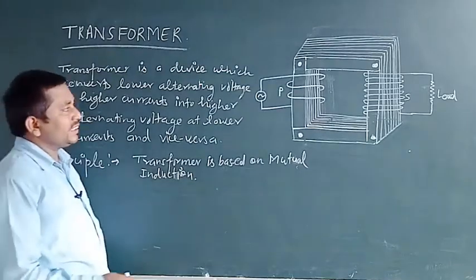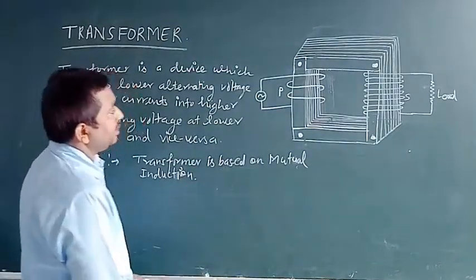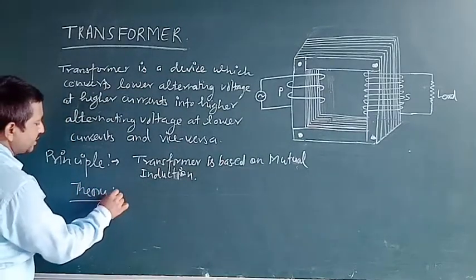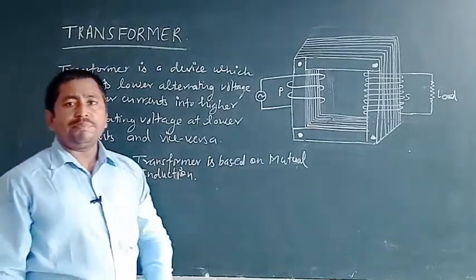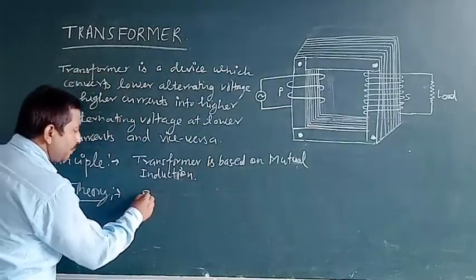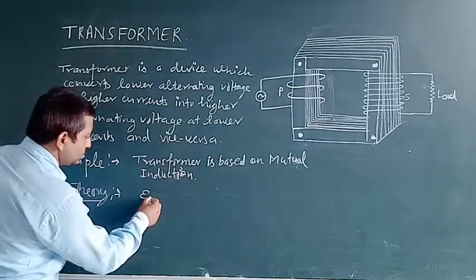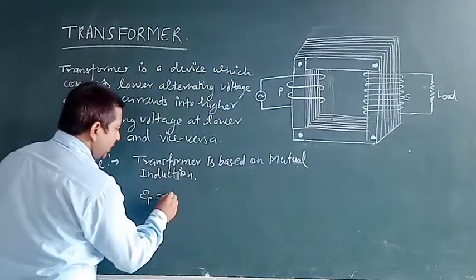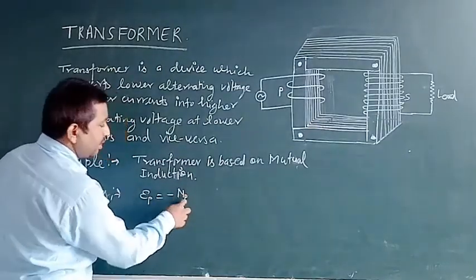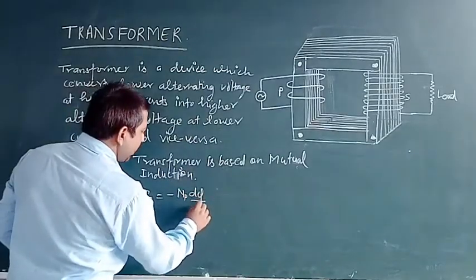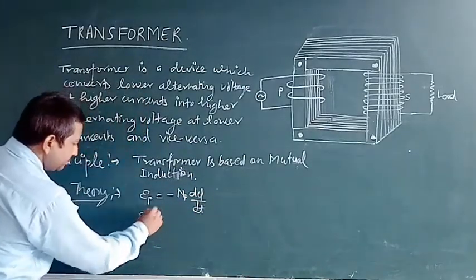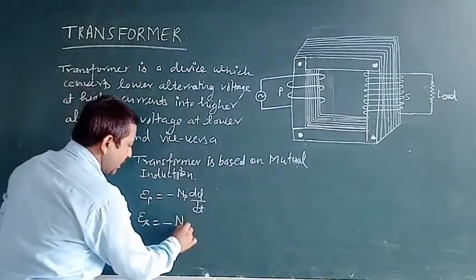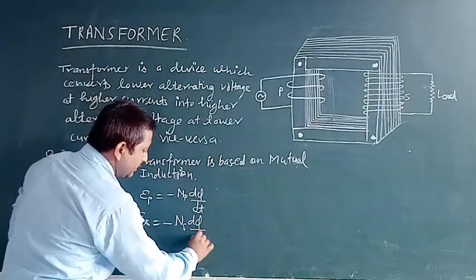Now if we discuss the theory on which this transformer works, so what is the theory? The theory of the transformer is the inputted power is always equal to the outputted power. It means what will be the value of the input EMF? So input EMF, if we write it as EP, then we can obtain it as minus NP, that is the number of turns in primary coil, d phi B by dt, and the value of the EMF induced at the secondary coil will be equal to minus NS d phi B by dt.